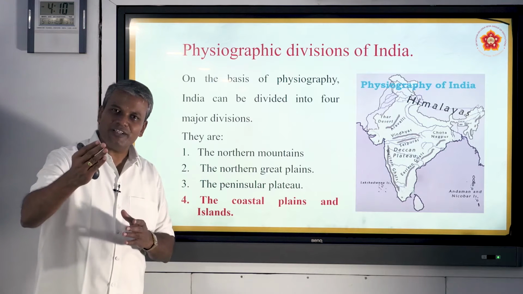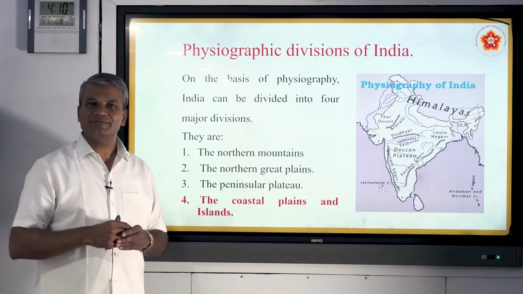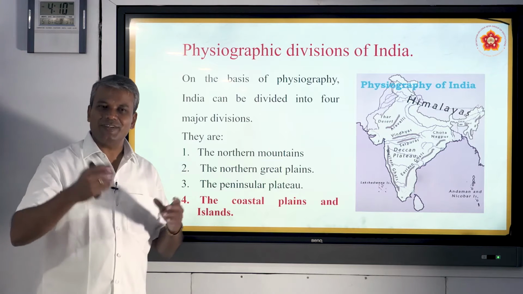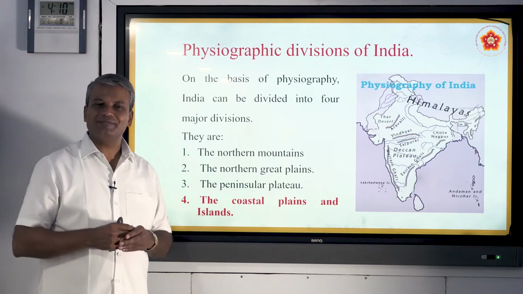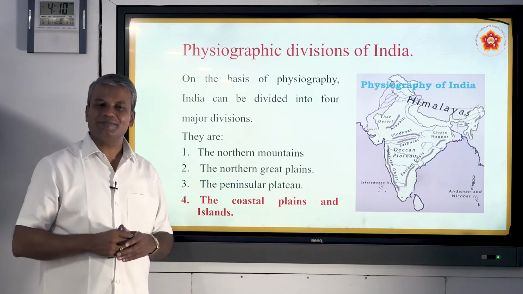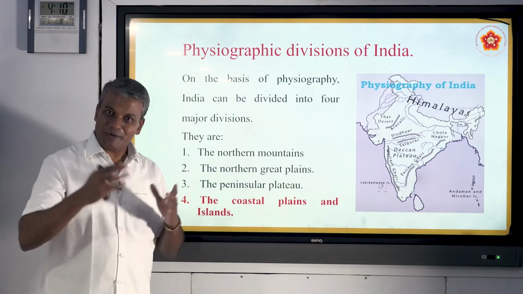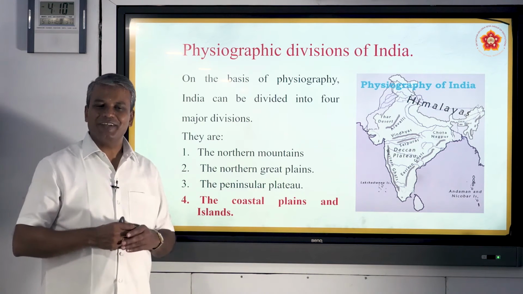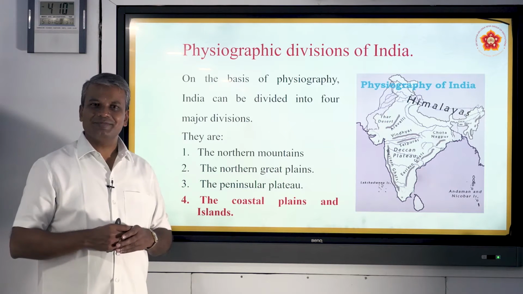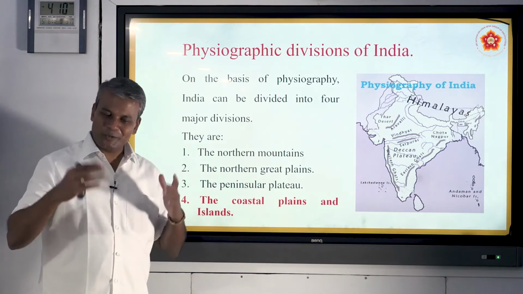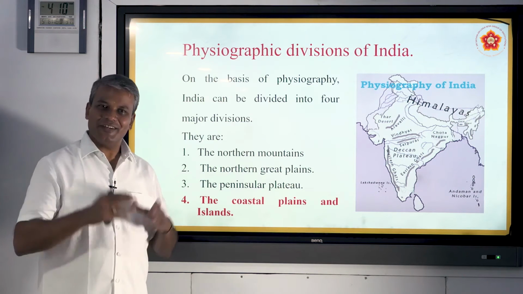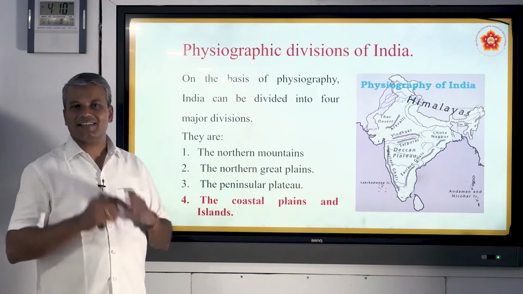Can you name some of the important rivers in the southern part of India? Very good. River Narmada, River Tapi, River Mahanadi, River Godavari, River Krishna, Tunga, Bhadra. Very good. These are all the things we have already discussed.